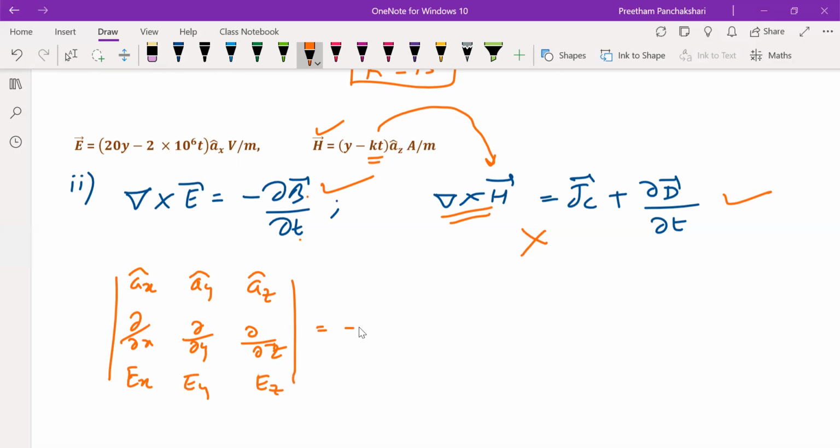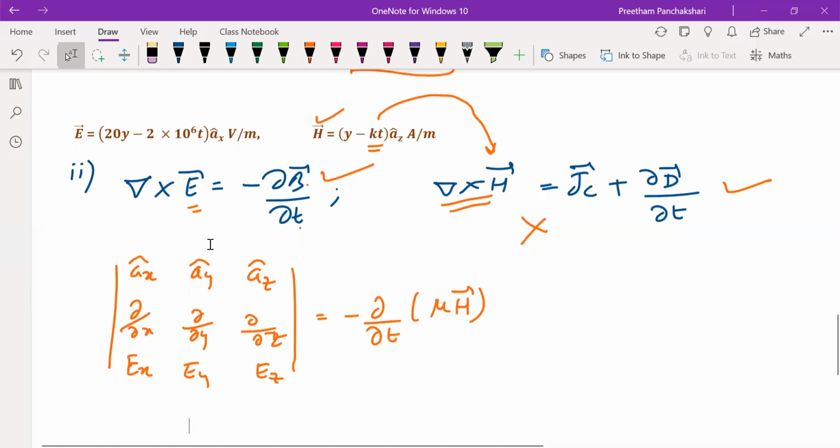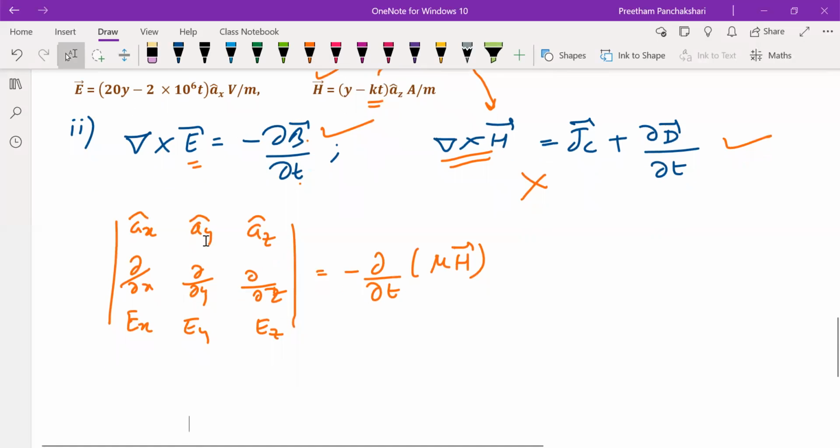On the right side, minus dou by dou t of B, but H is given. So what I suggest, convert B to mu H. Both E and H are given. So we have to substitute for both sides, and both the fields satisfy Maxwell's equation. We have to find only the K value.